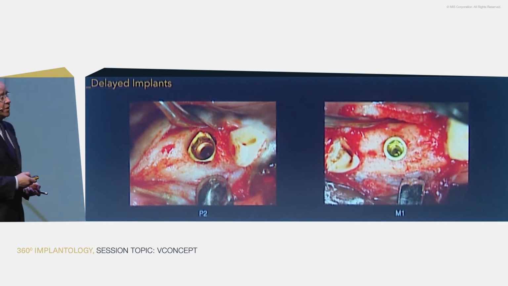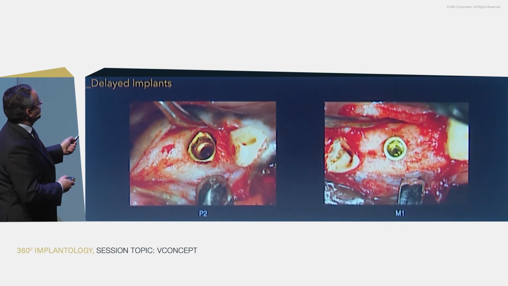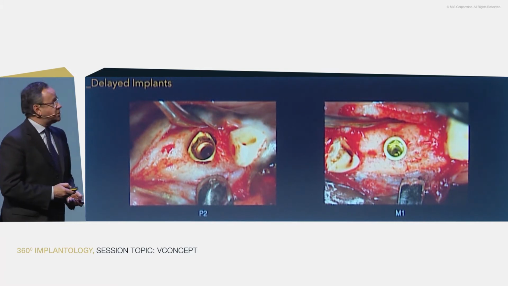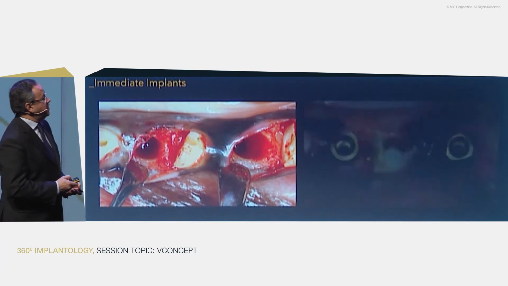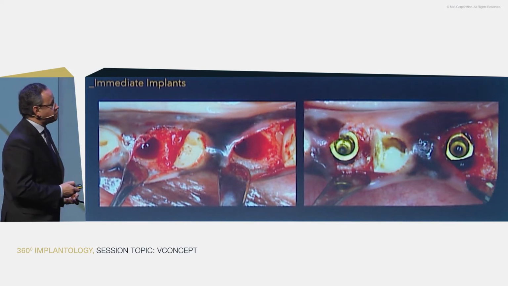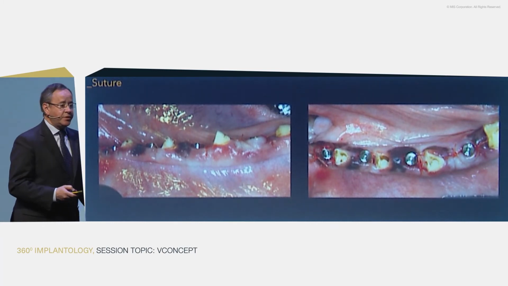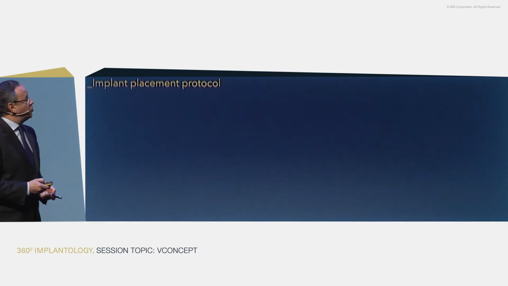And here you have a closer view of the experimental implant, the V3, placed in a healed ridge, and the control implant placed in a healed ridge. And here you have the same, but in the immediate implant sites. You have here the experimental, and you have here the control. This is the suturing, and of course we allowed it to heal.